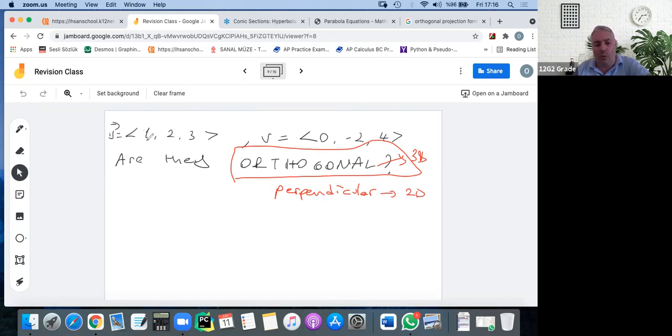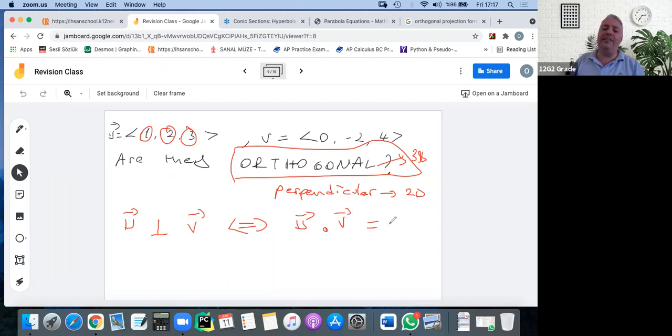Here there are 3 components, so it is 3-dimensional. The rule is this: vector u is orthogonal to vector v if and only if the dot product is equal to 0. That's the rule. Whenever you have the question, check the dot product.